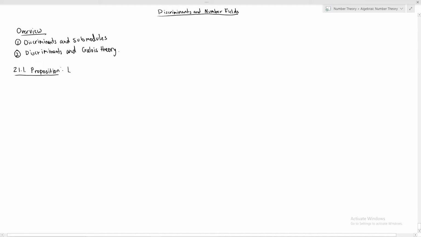So for the most part, all our applications are going to be when A equals Z. So we're going to let A be the ring Z, and let B be a ring extension of A, which is free and finitely generated over A as an A-module.